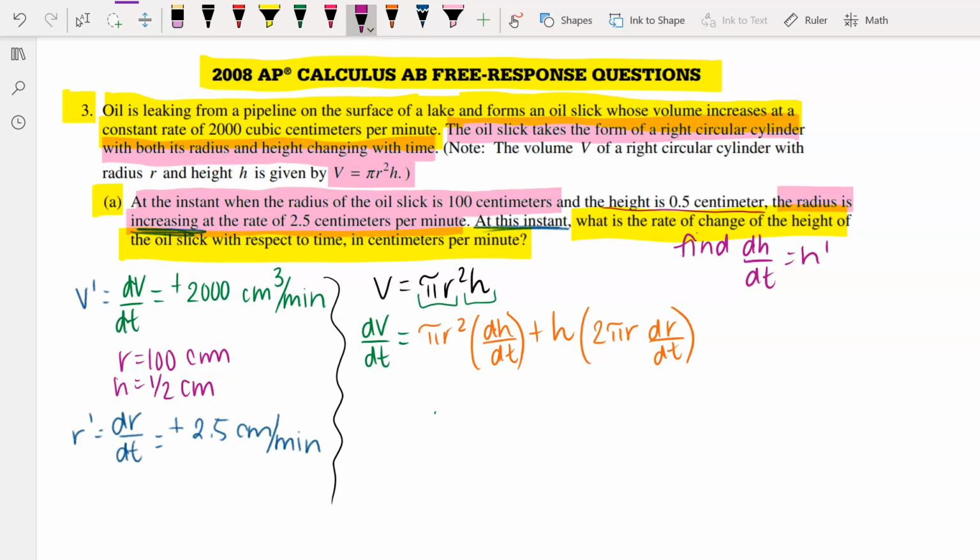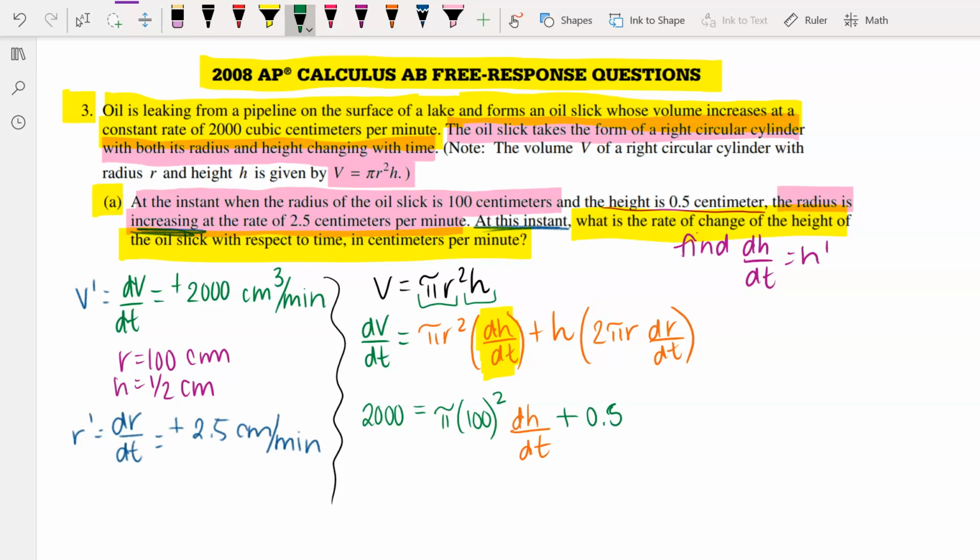All right, now what we're going to do is solve for dh/dt. I'm just highlighting it so you know what we're looking for, and we're going to plug in everything else we know. So we know dV/dt is 2,000, and then we have pi r squared, so pi times 100 squared, times dh/dt, which I'll make another color so you remember that's what we're looking for, plus h, the height is half a centimeter.